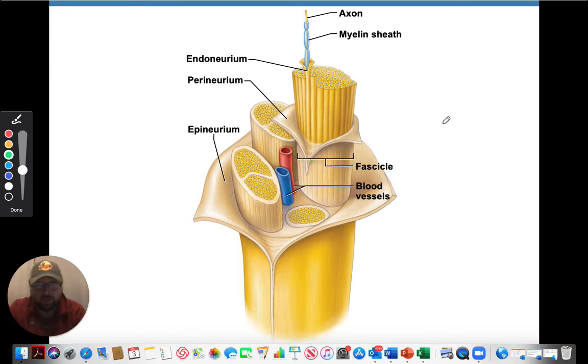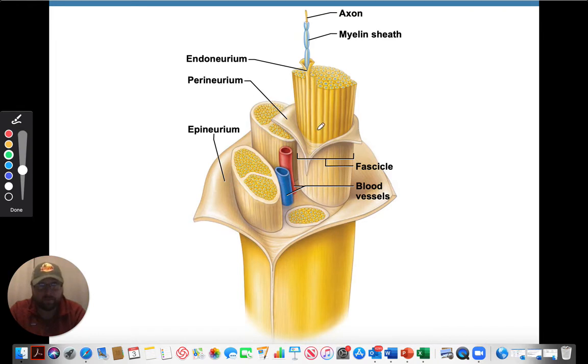So there's multiple fascicles in here. We can see here's one, here's two, there's three, and here's a fourth fascicle that we see in this particular nerve. Again, the fascicle is a bunch of neurons encased in endoneurium, all grouped together, surrounded by a perineurium.